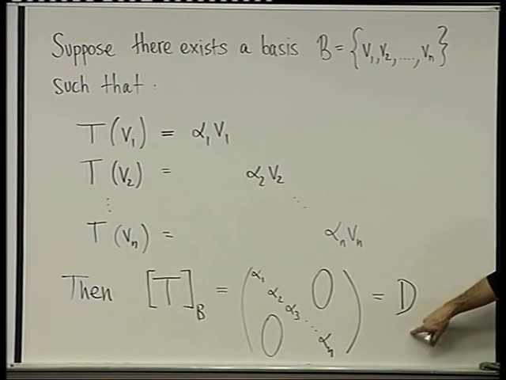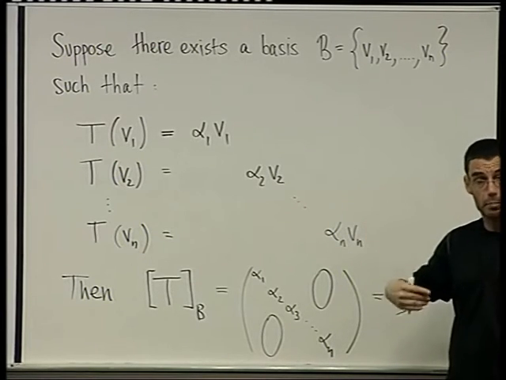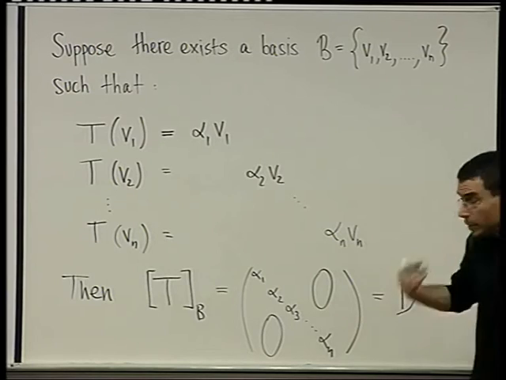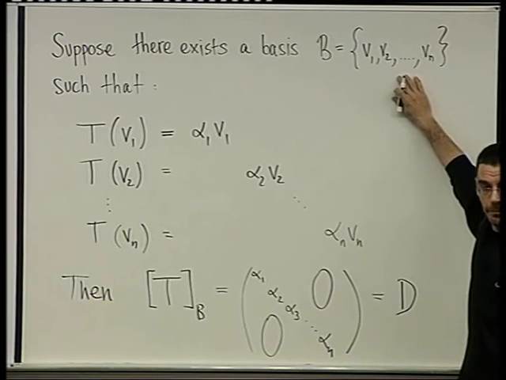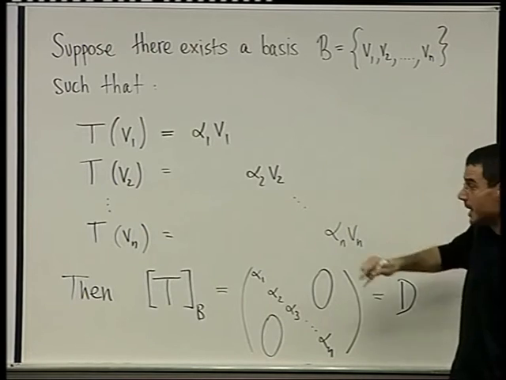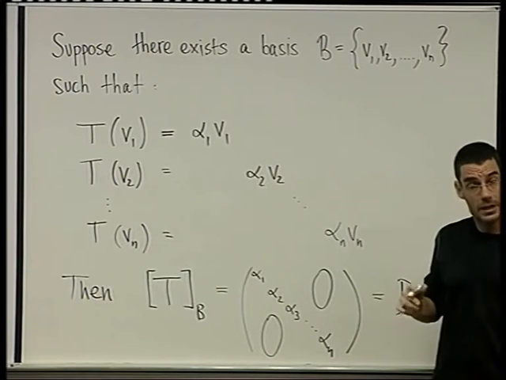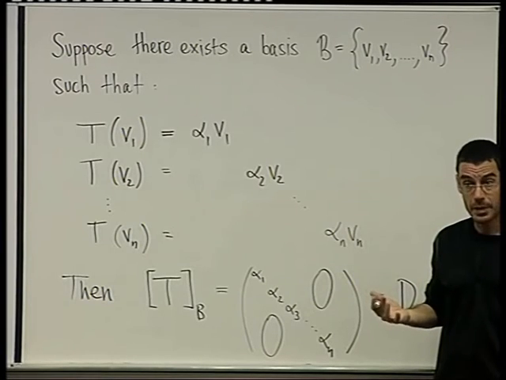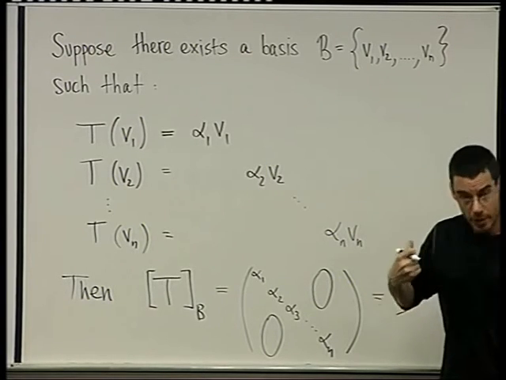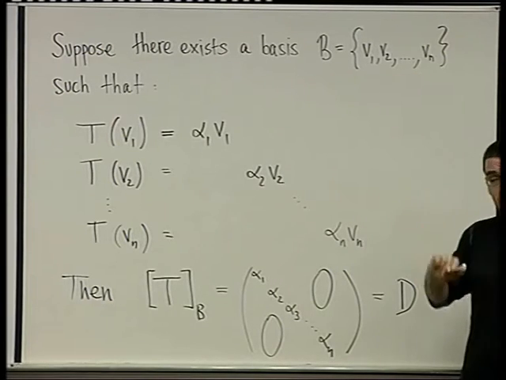Clear? Okay. So this is our first goal. Our first goal is to find a procedure which produces such a basis. How do we seek V1 to Vn that satisfy this property? And it'll turn out that it doesn't always exist. Okay? So we're going to understand the procedure of how we find it or determine that it doesn't exist.